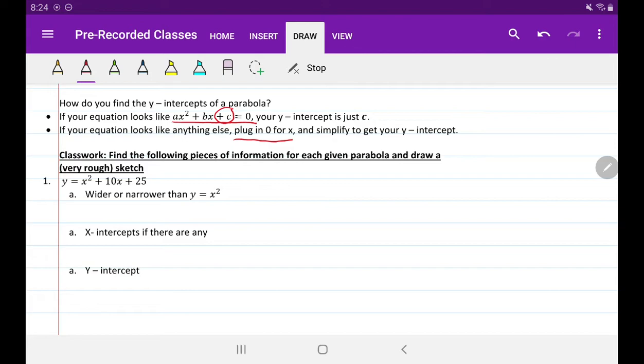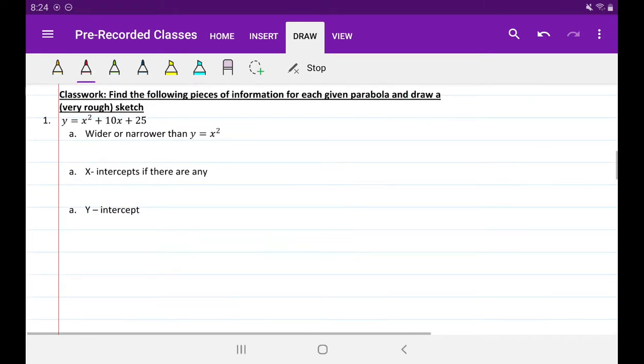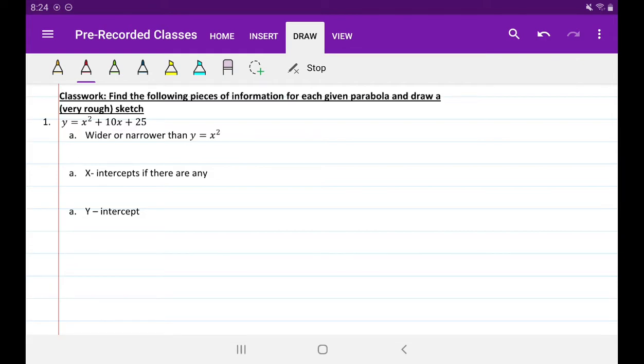So now we're going to go ahead and run through this classwork. With all of these, we'll start off by finding the x-intercepts, and then we can answer these questions. Let's see, y equals x squared plus 10x plus 25. I recognize that factors really quickly, so I'm going to go ahead and factor that.